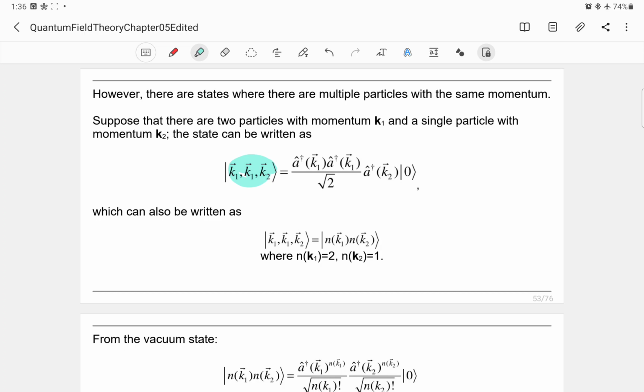In this case, you have square root of 2 as a normalization factor with two particles with the same momentum. So in this case, your nk for momentum k1 is 2.